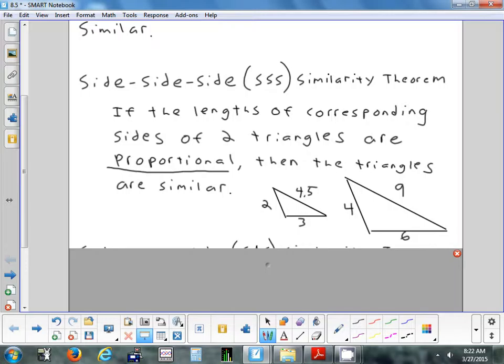This is an example of where we could use the side similarity theorem to prove these triangles are similar. What's the scale factor here from the small triangle to the big one? It's a scale factor of 2.